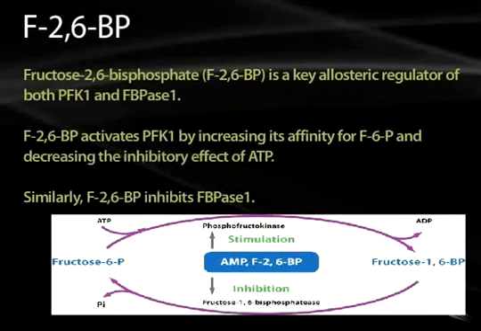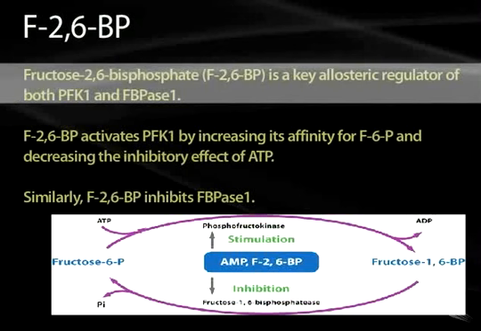Now, glycolysis and gluconeogenesis can also be controlled hormonally by insulin and glucagon. And the key mediator of this regulation is a molecule called fructose 2,6-bisphosphate, or F26BP. This is a key allosteric regulator of both phosphofructokinase 1 and fructose 1,6-bisphosphatase 1.